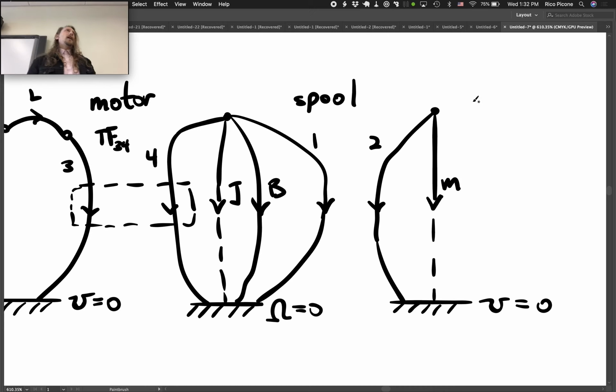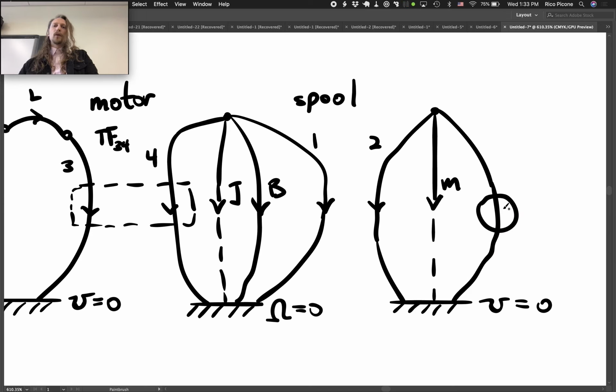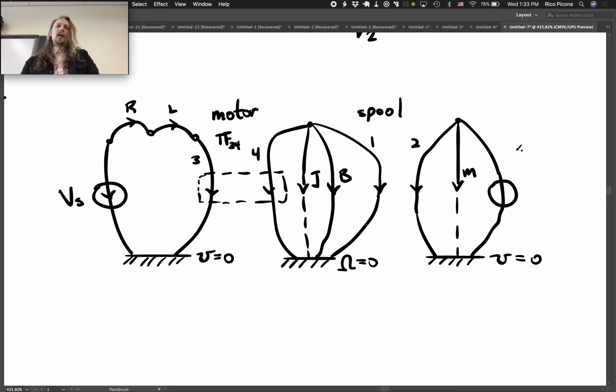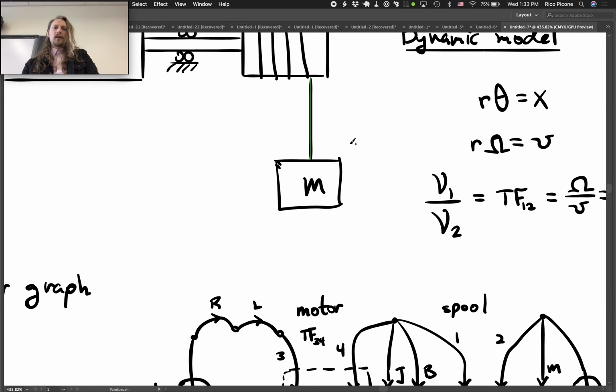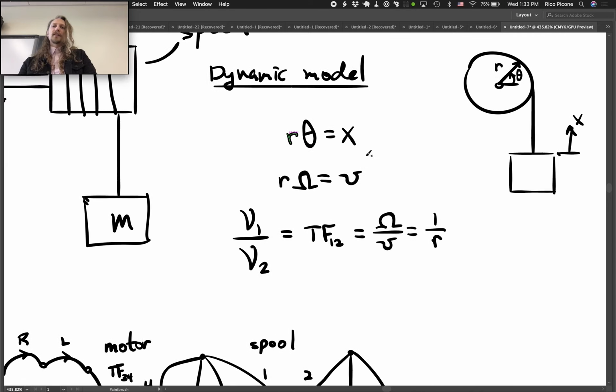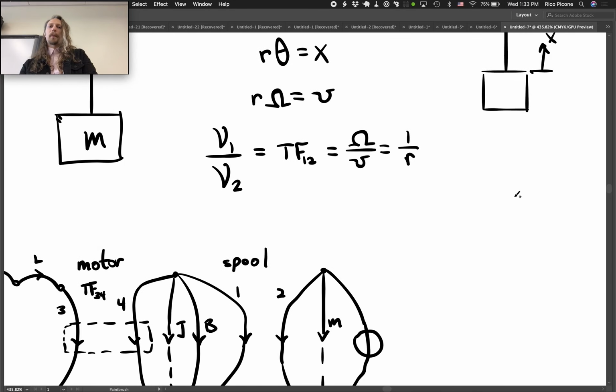And we also have gravity, right? So gravity is going to be pulling down. And we can model gravity as being a constant force source, okay? So if we look at this, we've already said that x is going up, right?